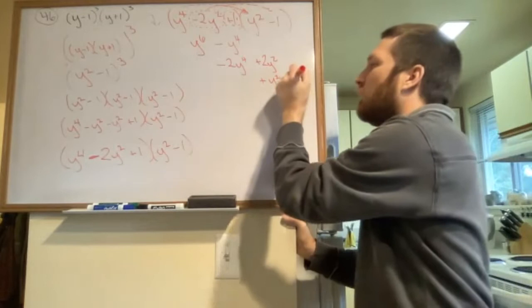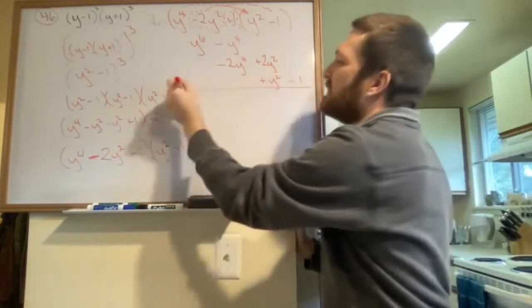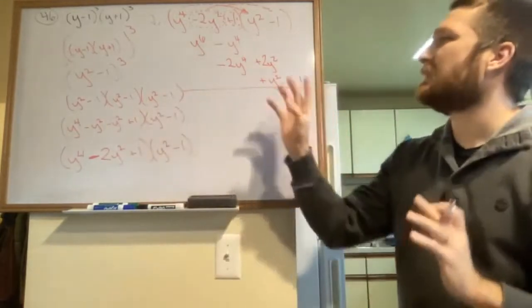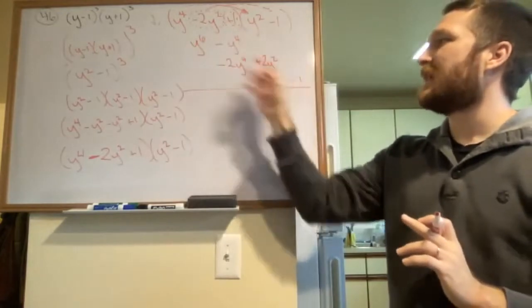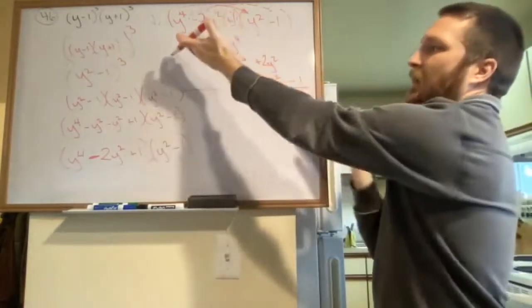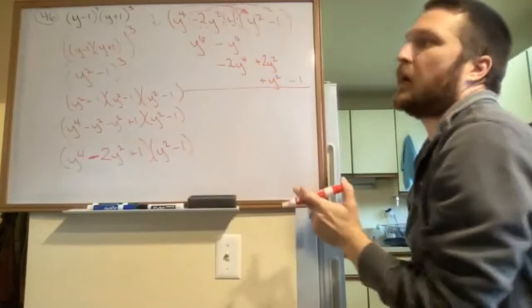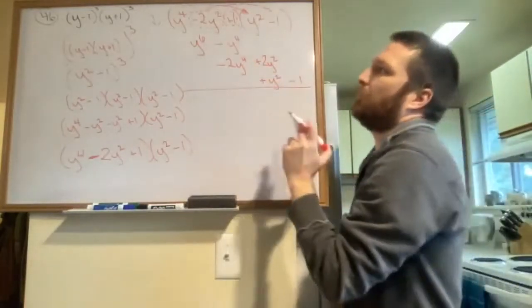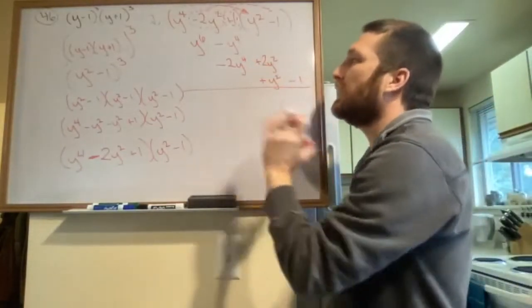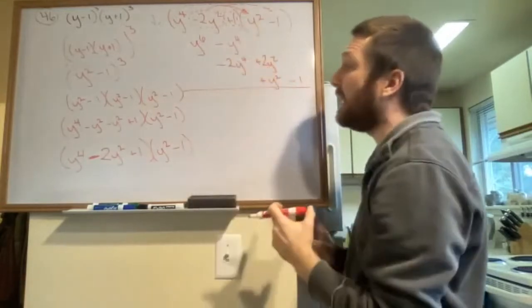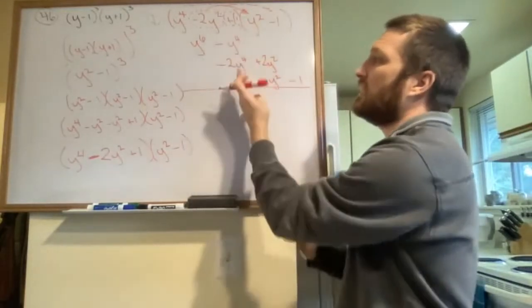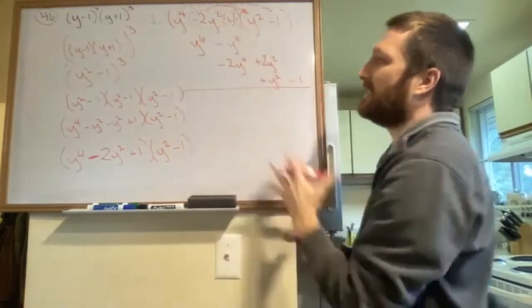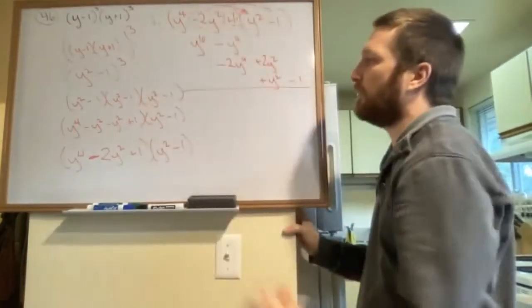-1. And this is the great thing about writing these in descending order: this type of thing will be possible every time. Usually you'll end up with terms that do combine, and as long as you've written them in descending order, they will line up like this as you multiply them through.